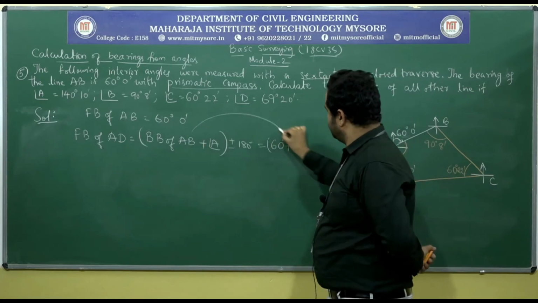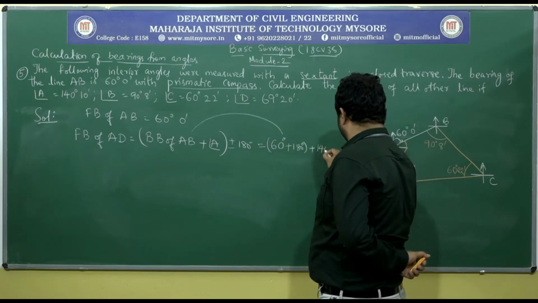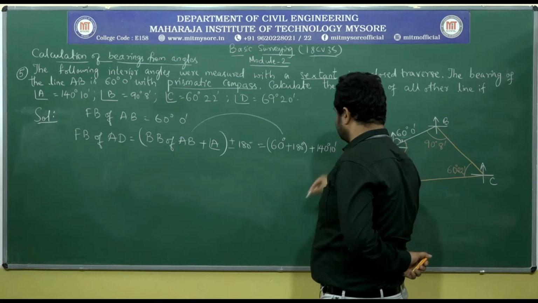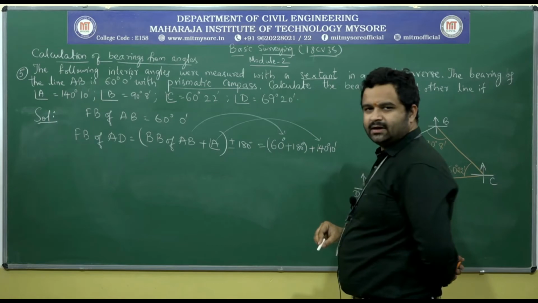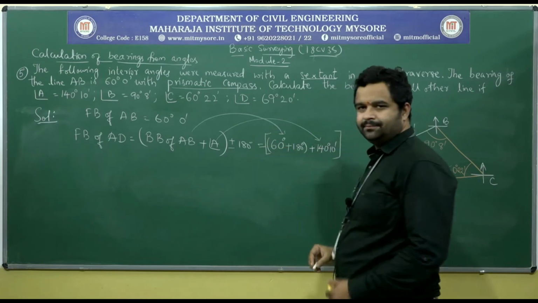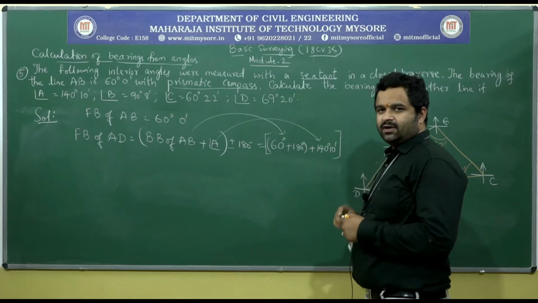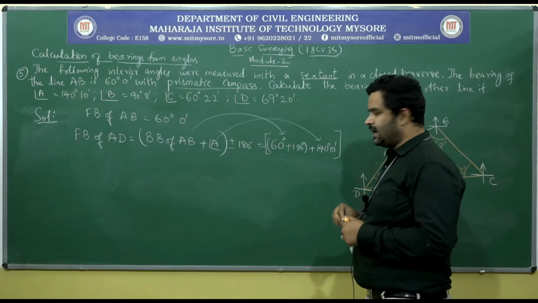So this is nothing but your back bearing of AB plus angle A, which is 140 degrees 10 minutes. If the whole sum is greater than 180, you should deduct 180. If it is less than 180, you should add 180.